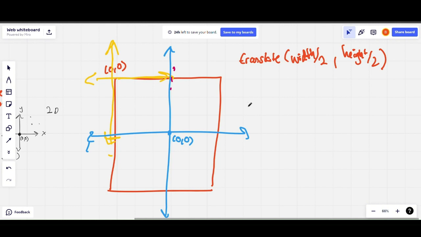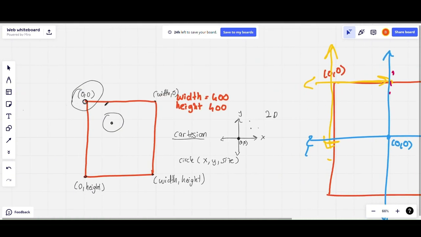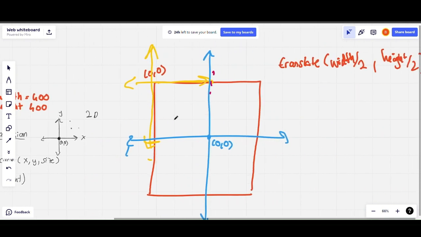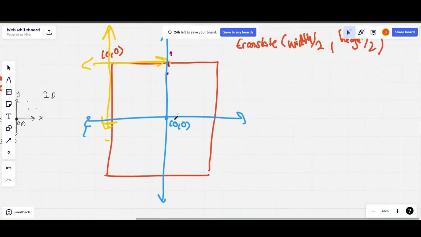But what happens right now is that once I move my Cartesian coordinate system within the canvas, I no longer have my coordinates placed out as 0 to width. It gets redrawn from minus width divided by 2 to positive width divided by 2.